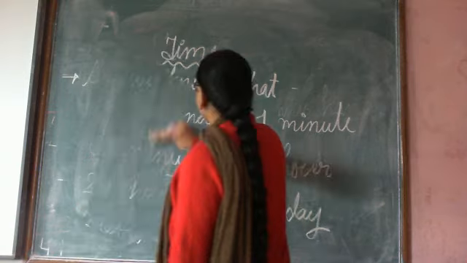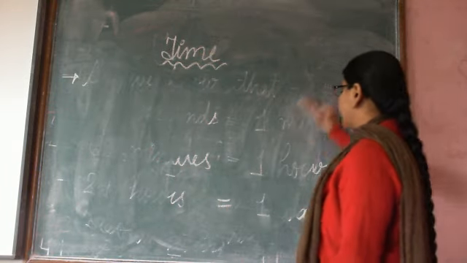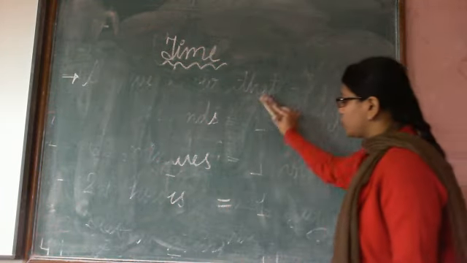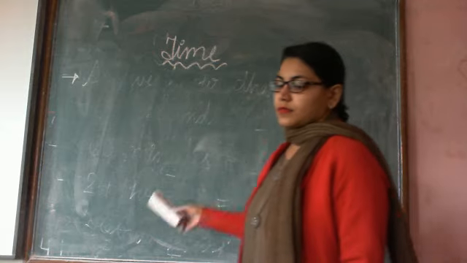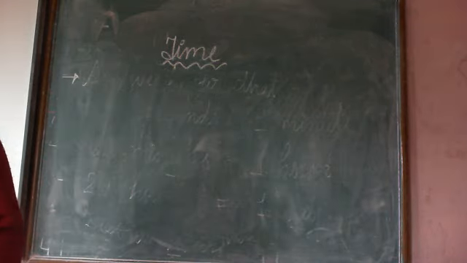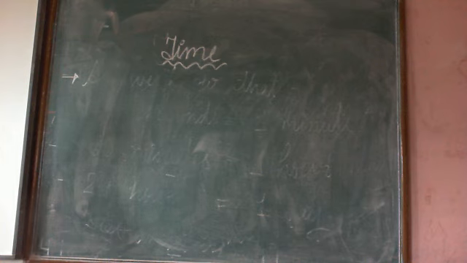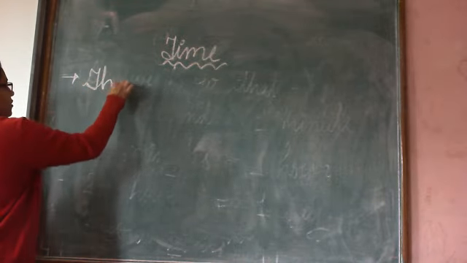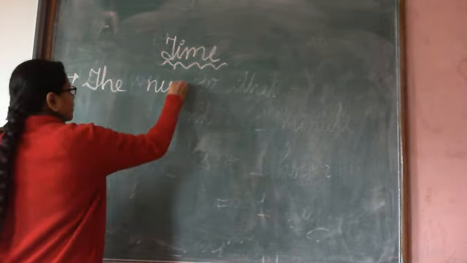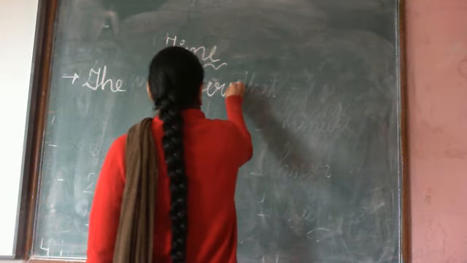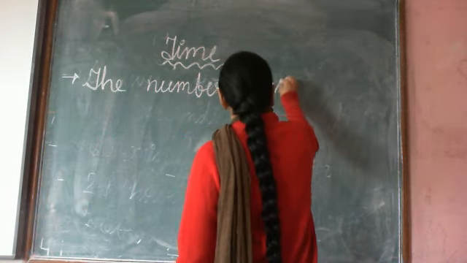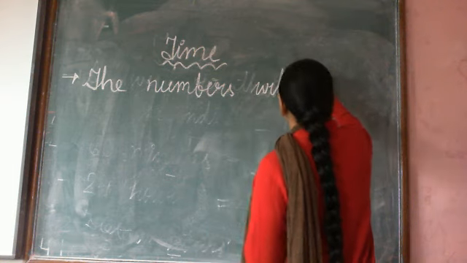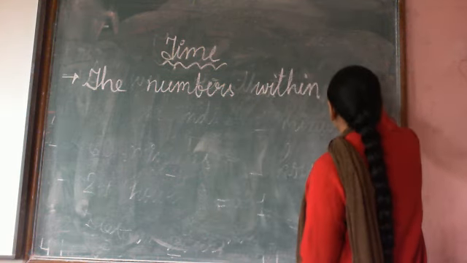Now one more point that we learned today, let's write that also. The numbers within the circle, the round shaped piece, is called the dial or face of the clock.